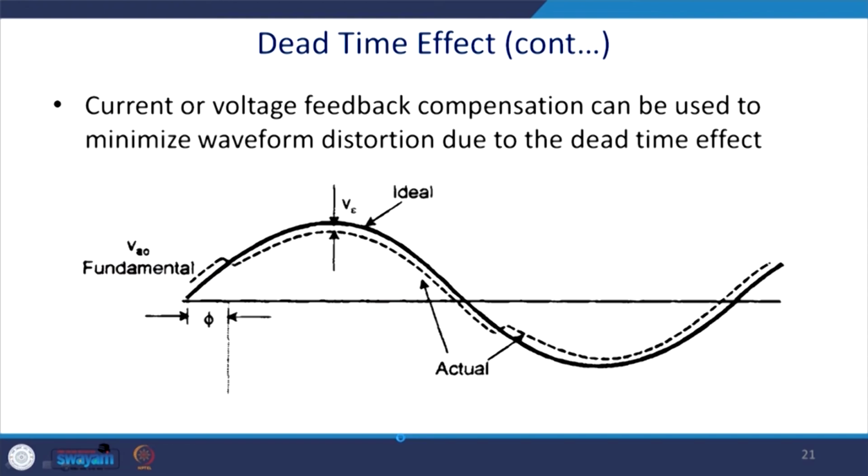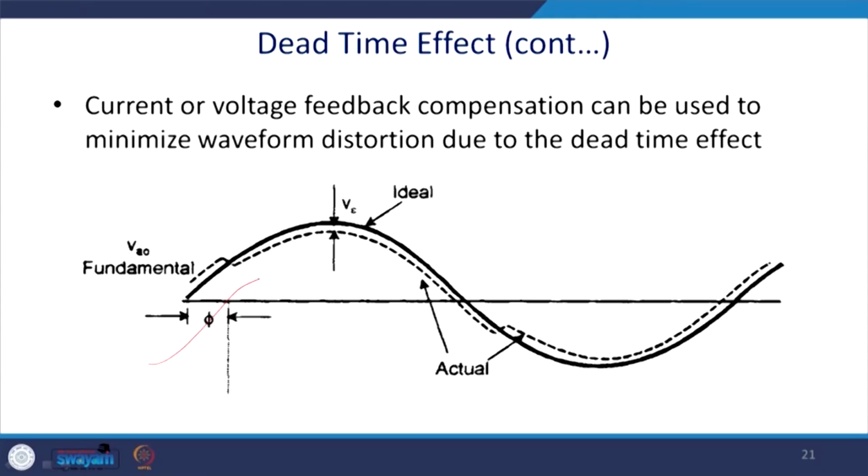So, what happened actually? The current and voltage feedback compensation we are talking about, we are not coming into the control system right now. The control system has to mitigate this problem, and let us assume that voltage and current are phase lagged by phi.